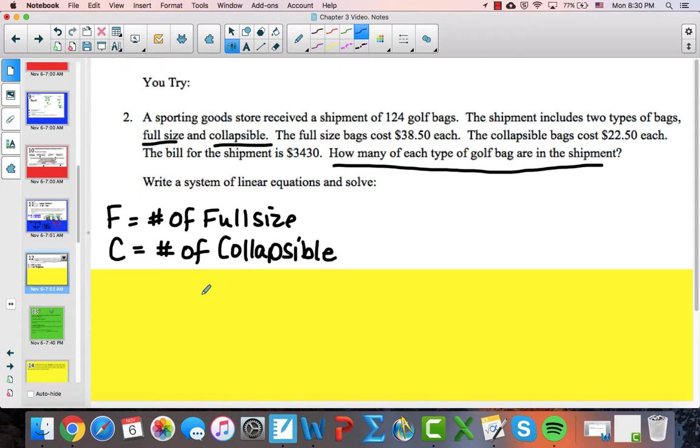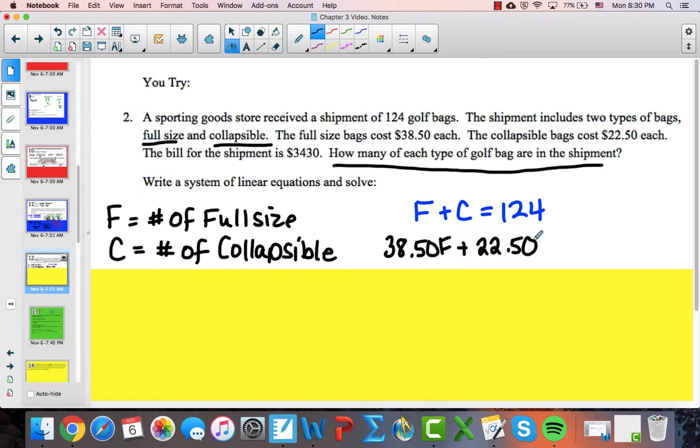My first equation related to the total number of bags, so F plus C equals 124. My second equation related to the value or the cost, so 3850 F plus 2250 C. Oops, that's not a C. 2250 C, and it probably could just put 0.5, equals 3430.